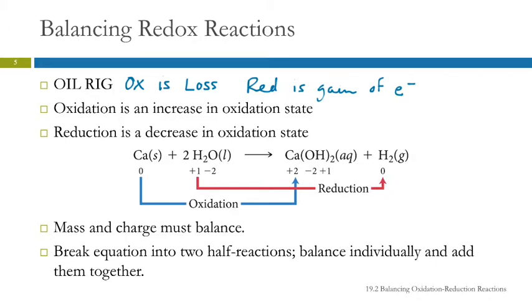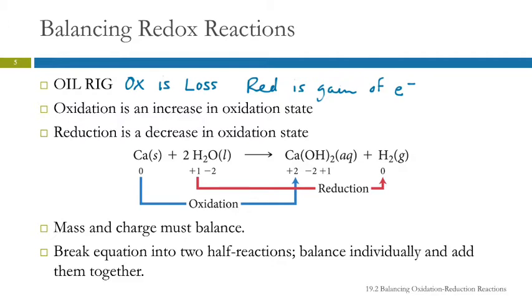When we balance a redox reaction, we have to balance it for mass, meaning you have to have the same number of carbon or calcium or hydrogen atoms on each side of the arrow, but we also have to have the charge balance. And some of these equations you are just not going to be able to balance by inspection.